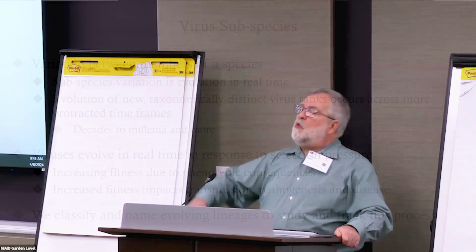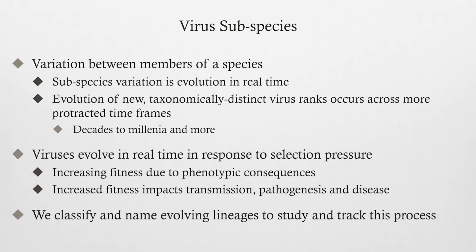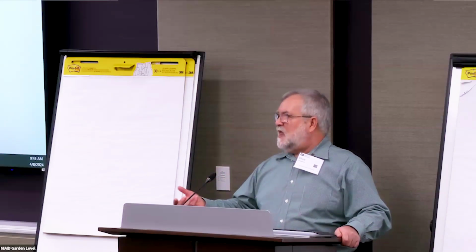And so we classify viruses to account for this variation, and we name lineages to give us some way of referring to particular lineages that have been subject to particular selective pressures. Naming is important. It's sometimes easy to forget about, but a lot of people care much more about names than they may do about the classification itself.